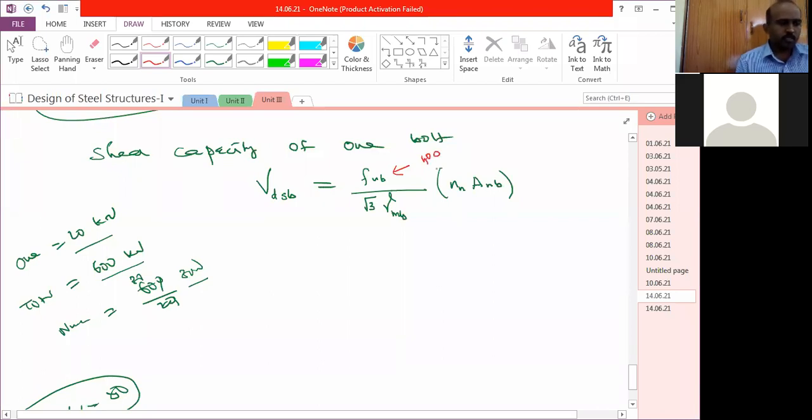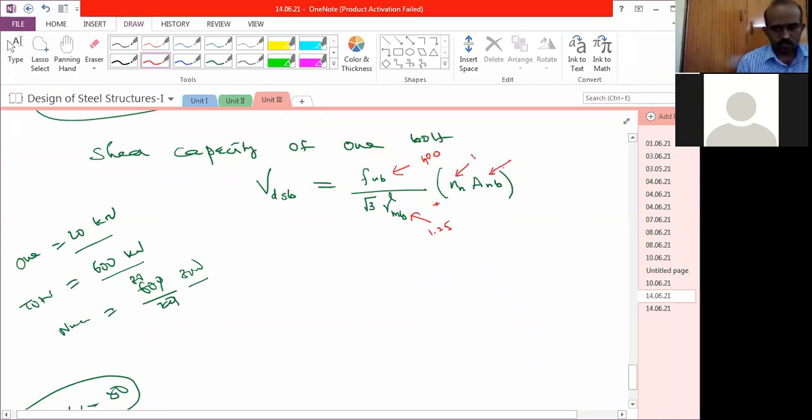Gamma mb value how much? 1.25, the partial safety factor. Then nn, the number of shear planes. How many? It will be 1. So one shear plane.